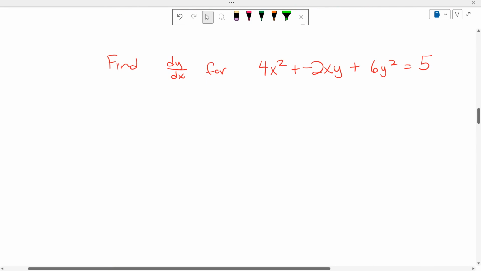Implicit differentiation. What's the first derivative of 4x squared? 8x.